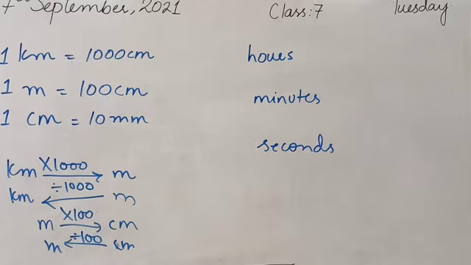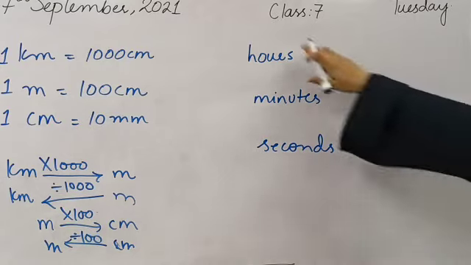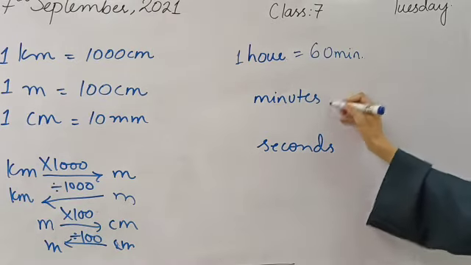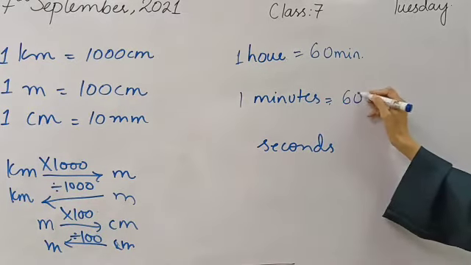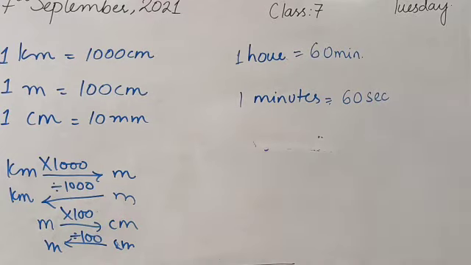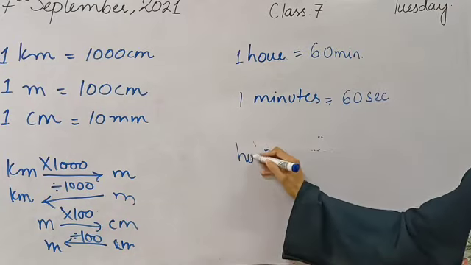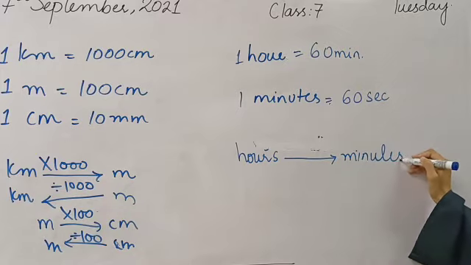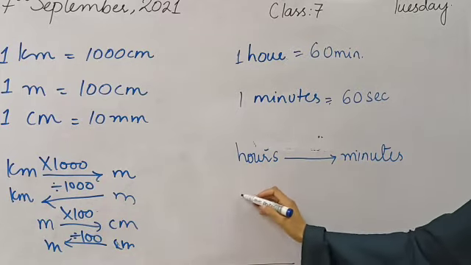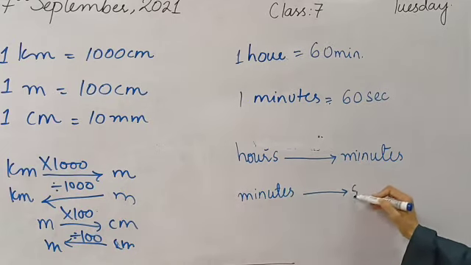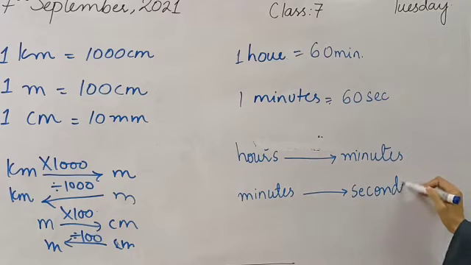Now 1 hour is equal to 60 minutes and 1 minute contains 60 seconds. Okay. So if we want to convert hours into minutes, what will you do? This was your assignment to find out the conversions.